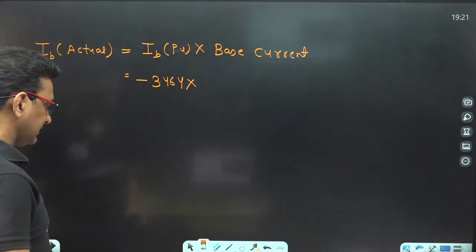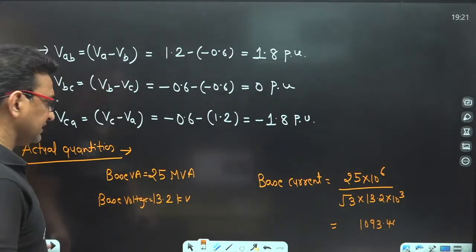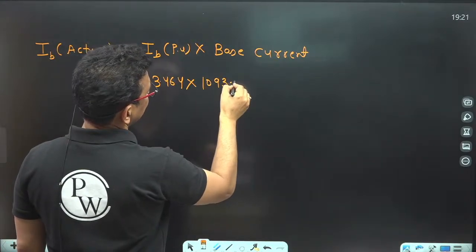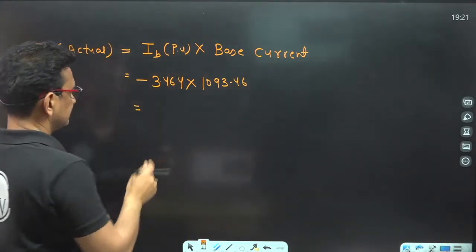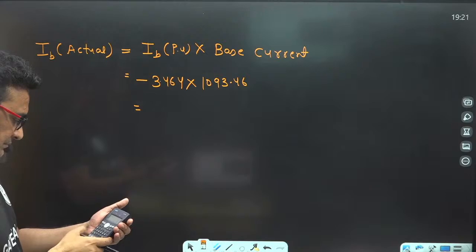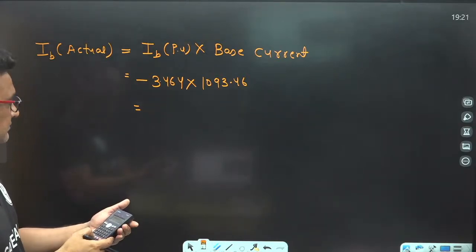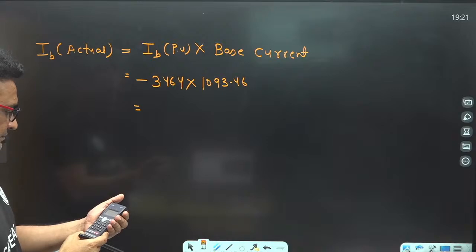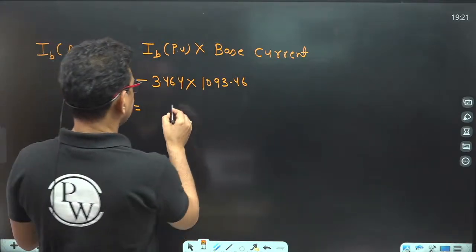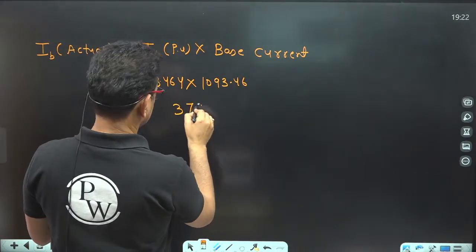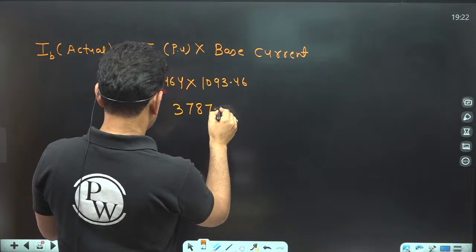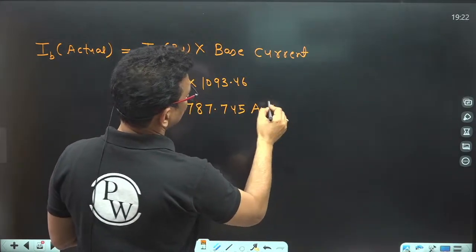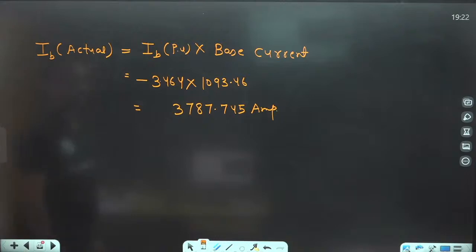Multiply by the base current, that is 1093.46. So 3.464 times 1093.46 gives 3787.745 ampere. This is the actual value of B phase current.